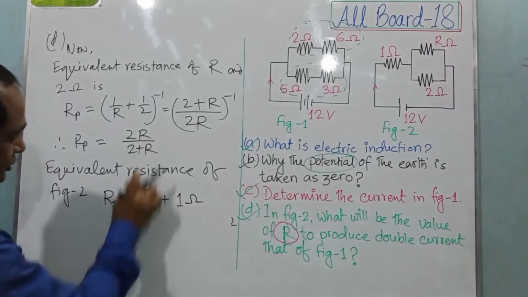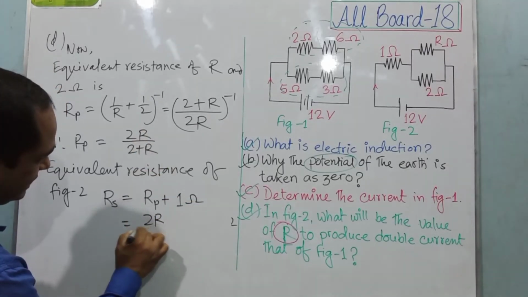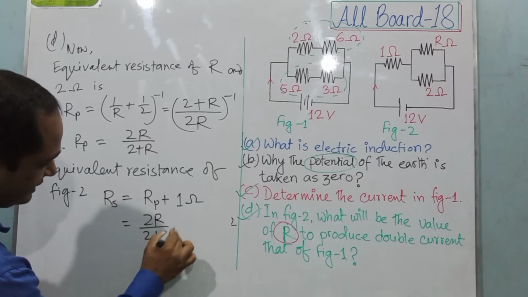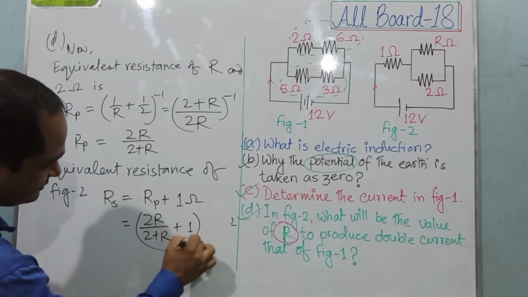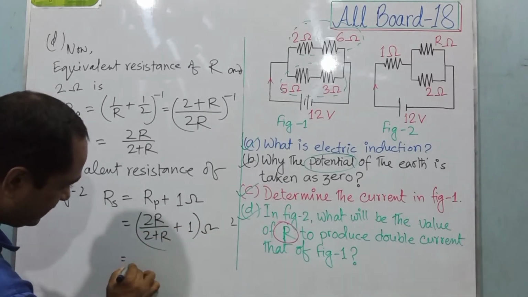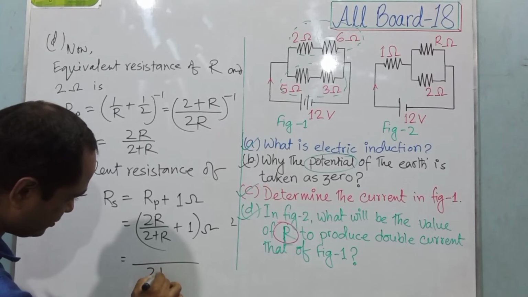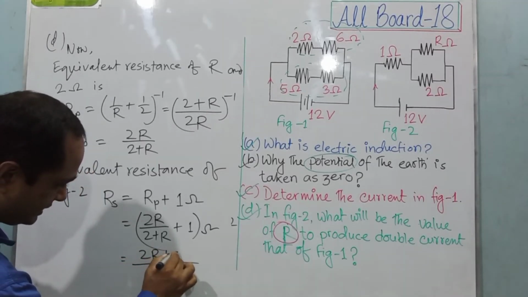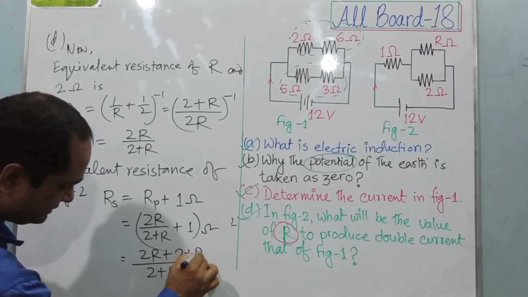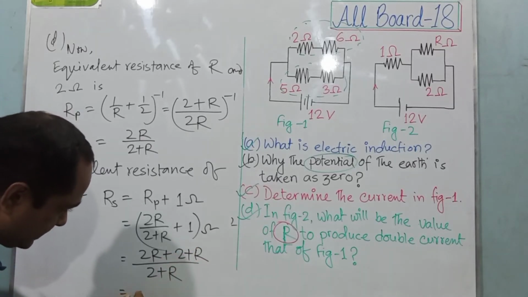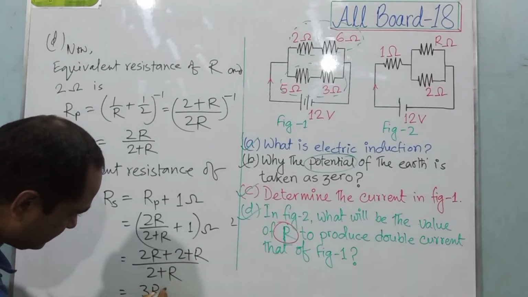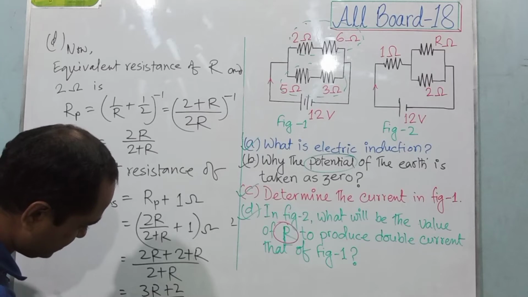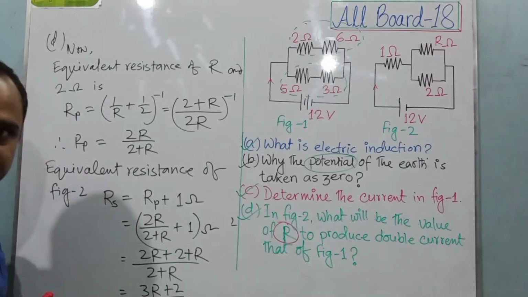Okay, here the value of Rp is 2R divided by 2 plus R, plus 1 ohm, and after the calculation we will get 2 plus R as the LCM. So 2R plus 2 plus R, and you will get 3R plus 2 divided by 2 plus R.